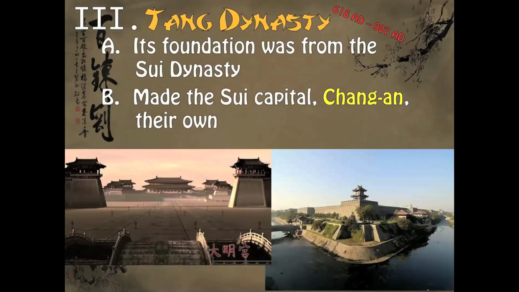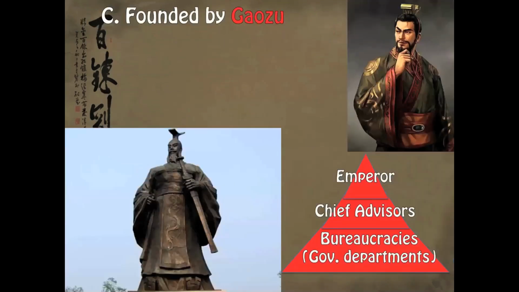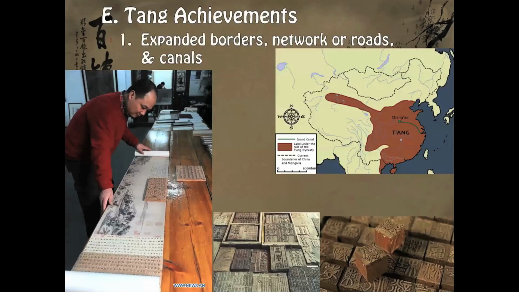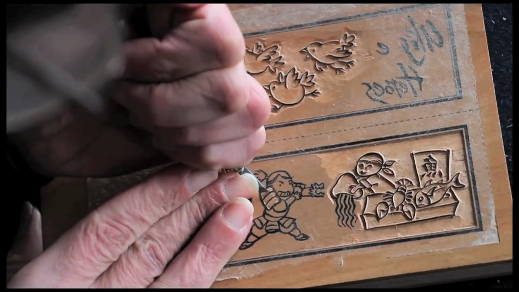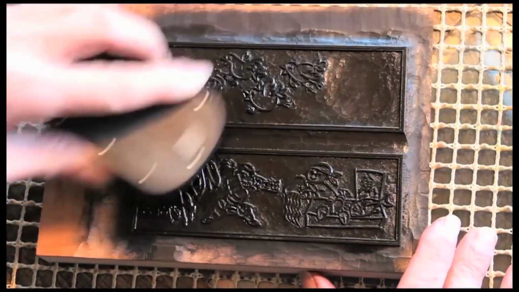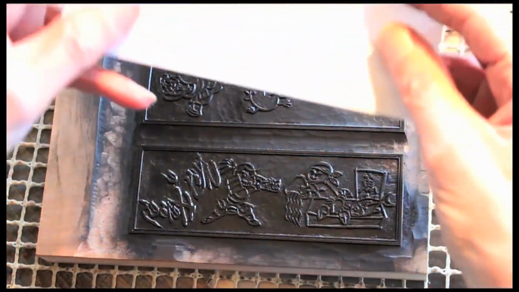But unlike Wendi, Gaozu had learned from the lessons of history and did not overburden the people with high taxes. Some achievements under the Tang Dynasty include expanding their borders, building their network of trade routes, and inventing woodblock printing. This invention enabled the widespread publishing of texts, leading to more literacy and the spread of knowledge.